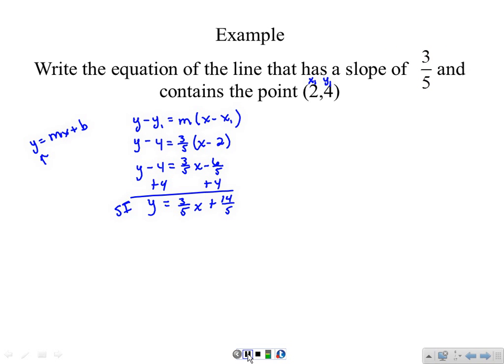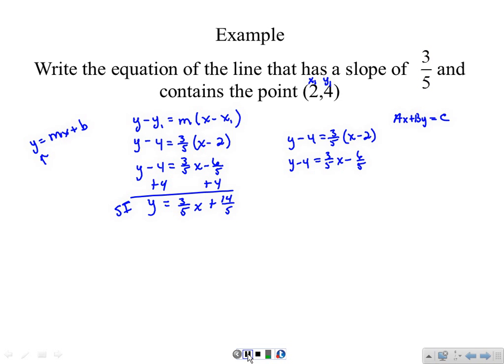Now what if I asked you to put it in standard form? Well, we can go back to point slope. y minus 4 is equal to 3/5 times x minus 2. And just concentrate on what we need. We need standard form. We need x and y on the same side equal to some constant. So we're going to have y minus 4 is equal to 3/5 x minus 6/5.